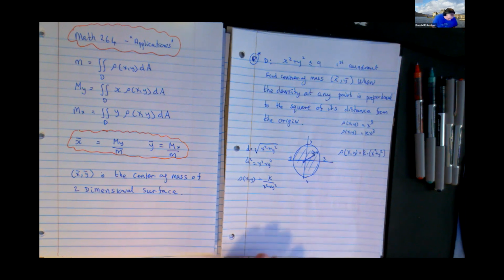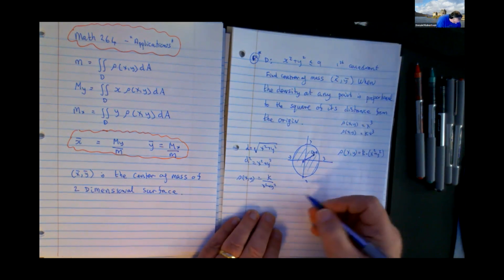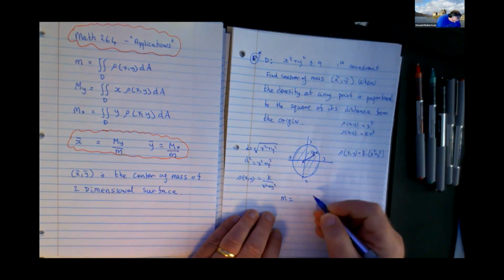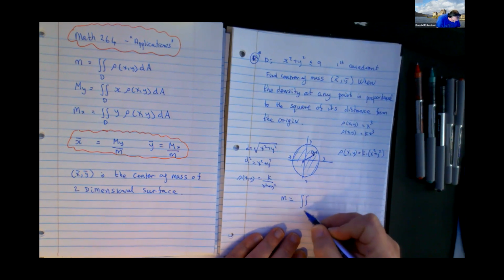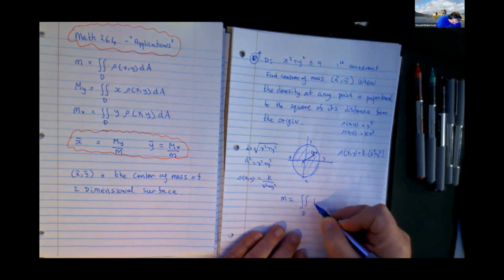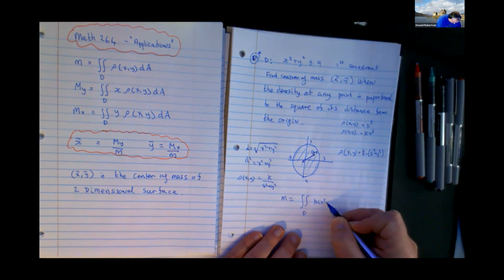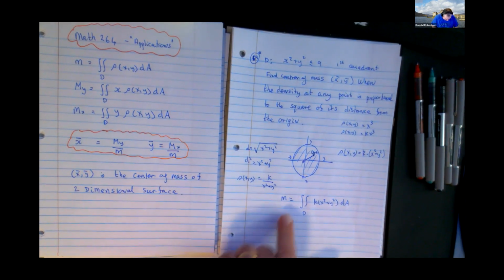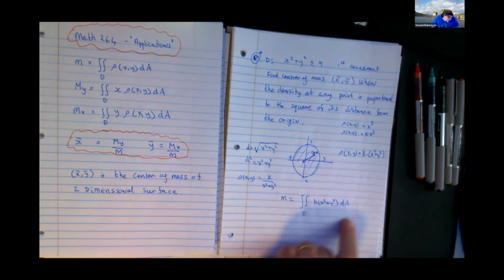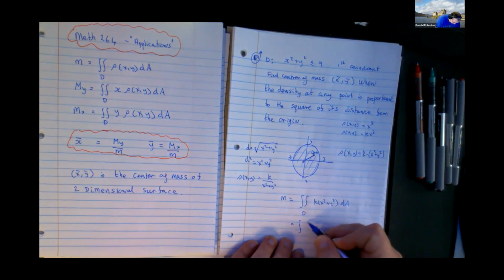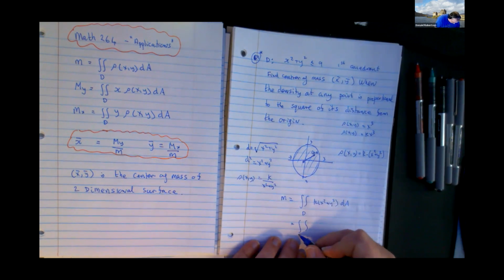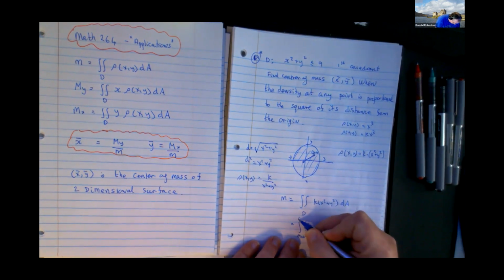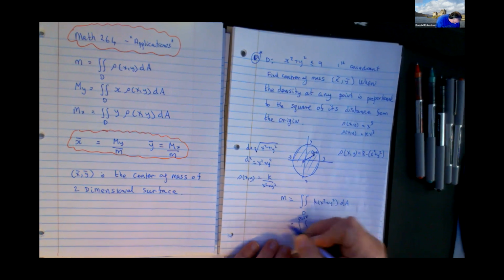Okay, so here goes. The mass is the double integral of d, the density function, dA, right? Now, if you convert this integral into polar, won't the circle become theta equals 0 to theta equals 2 pi? So that's good.